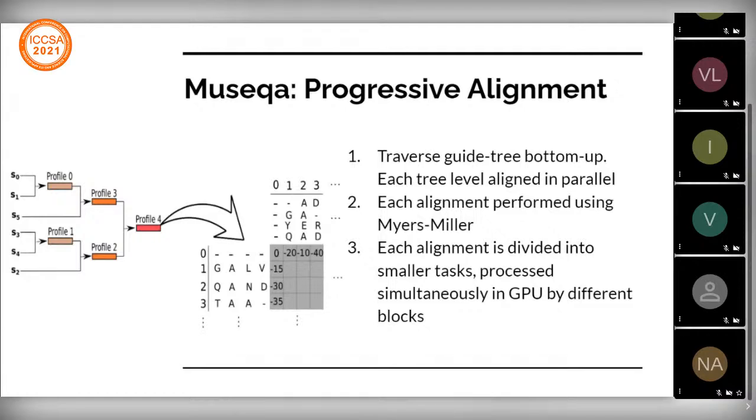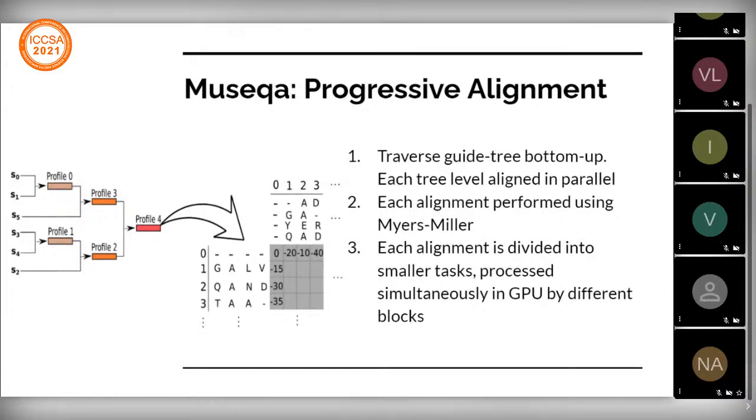So we start with a pair, 2 sequences that we align together to form a profile of 2 sequences, and then we align it with 2 more sequences at the same time, a little bit similar to how it was aligned in the first step, as I said.